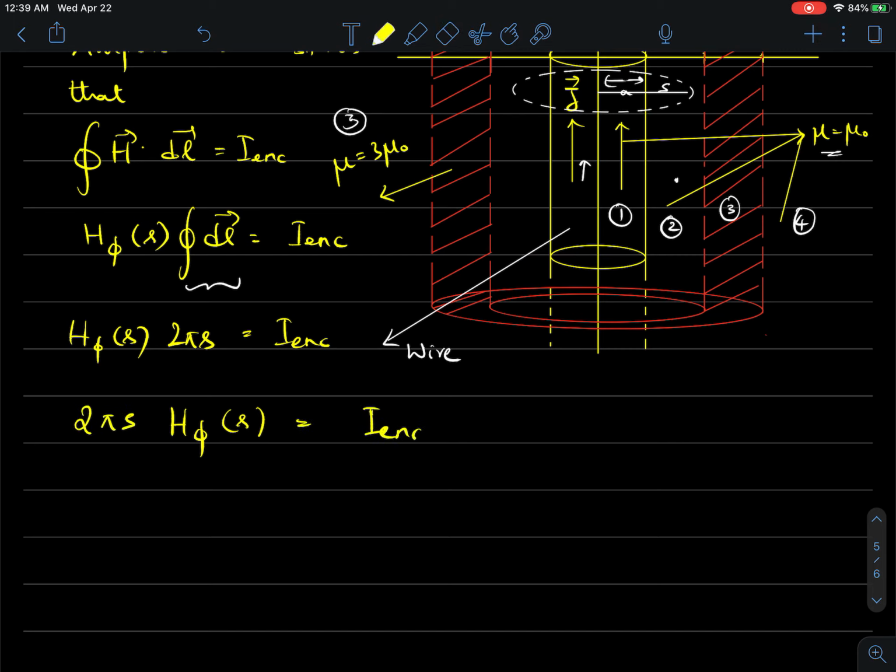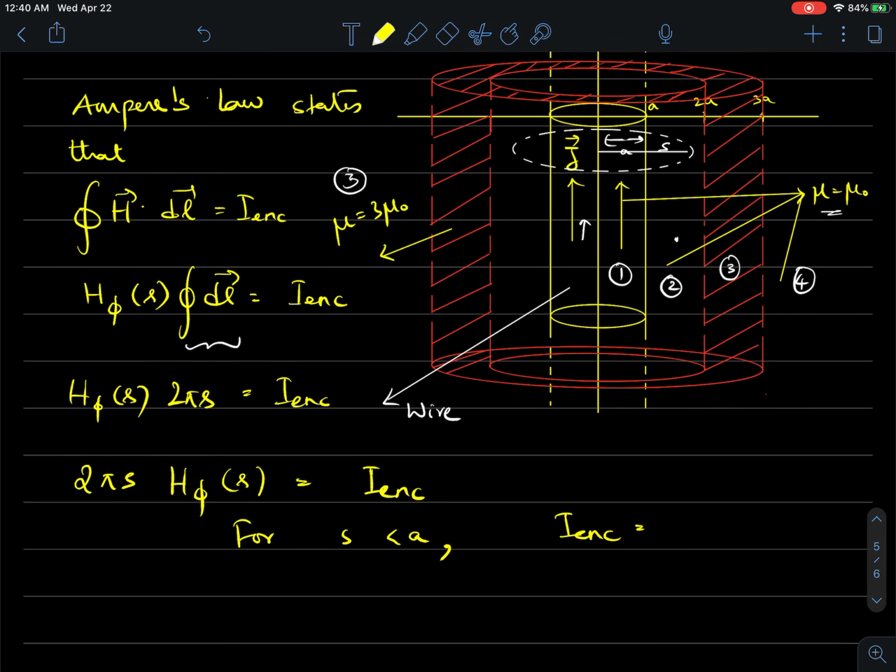I enclosed is in region 1 and depends directly on the value of s.